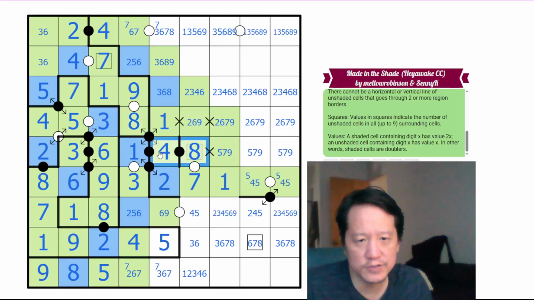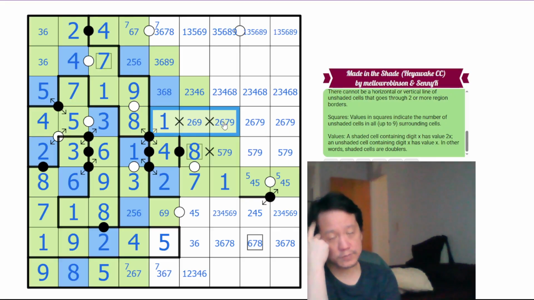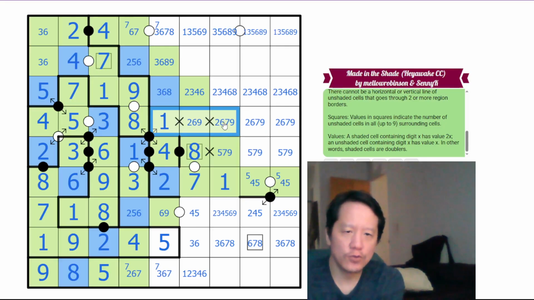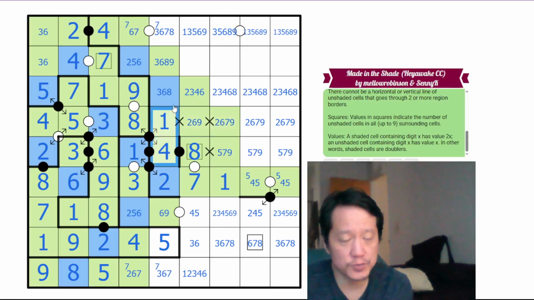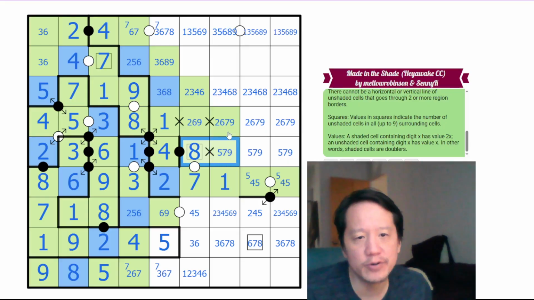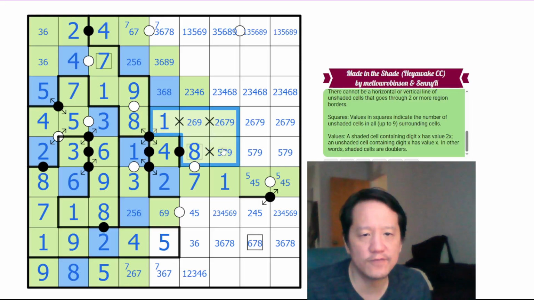Different region, different region, different region, different region, same region, same region. 4 either has to go this way, or it could go both. Oh, 8 cannot be part of this region here. If it's part of this region, then the 4 is blocked out as a region, and it's stuck.